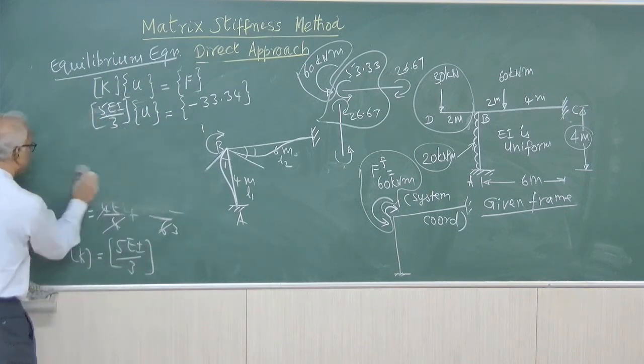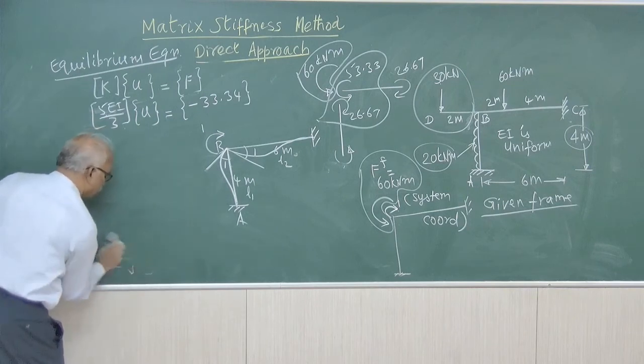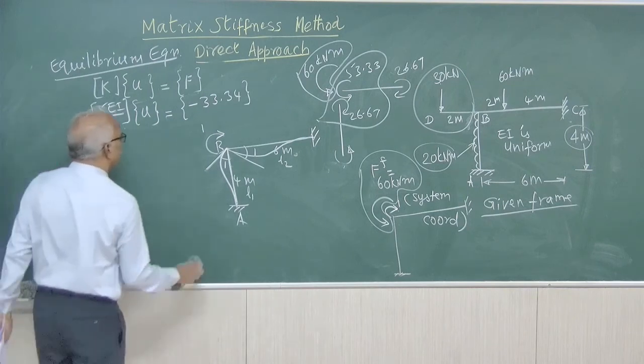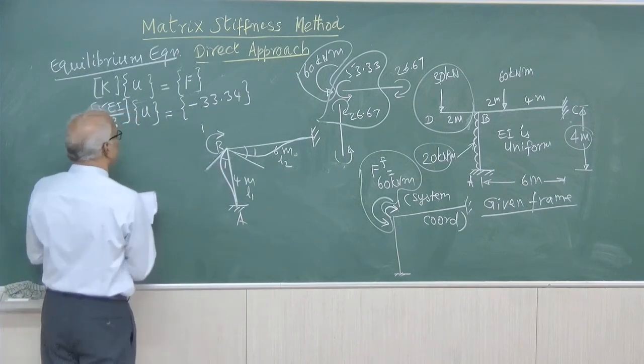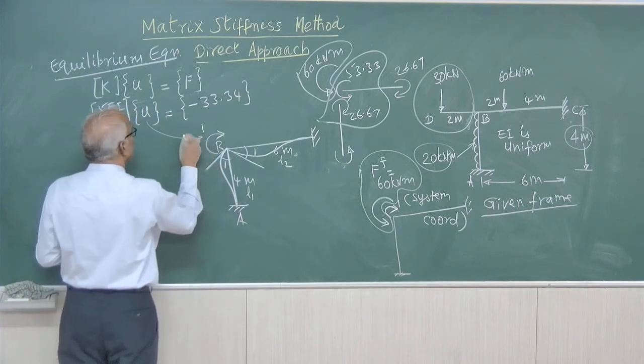Now we have to find out the value of U. U is our theta B. Theta B is not known.